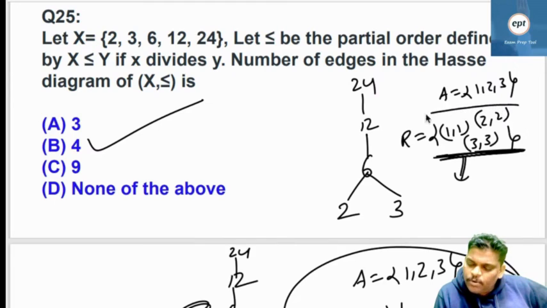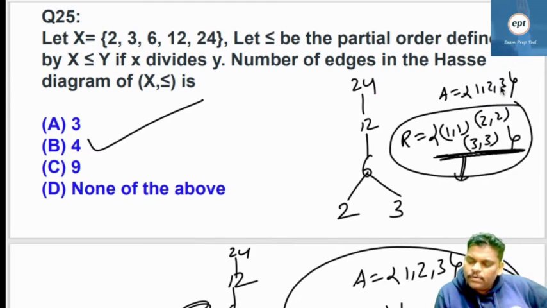Can you see this problem? It is symmetric, it is transitive, is it irreflexive?